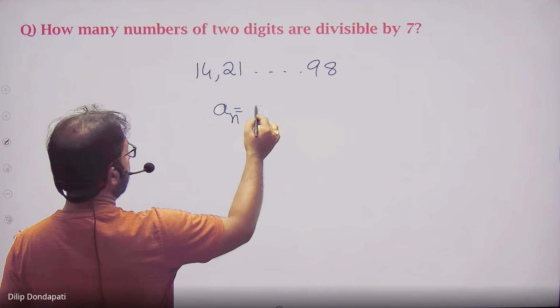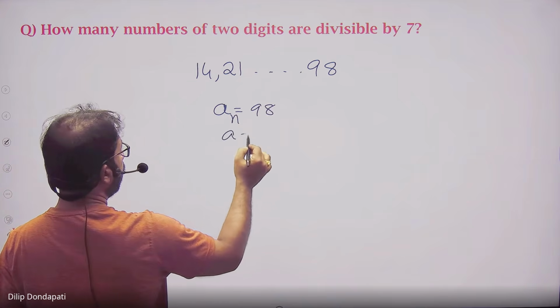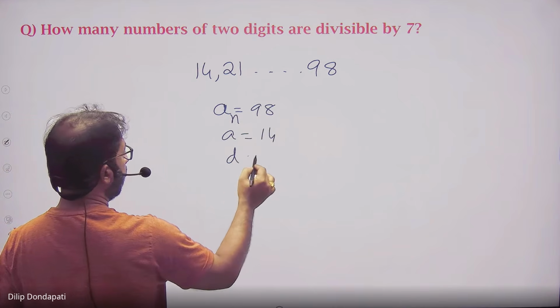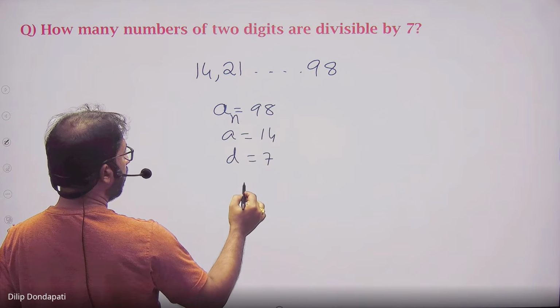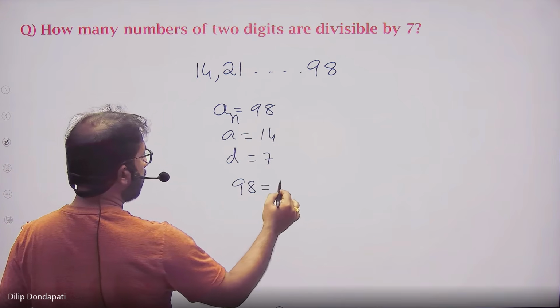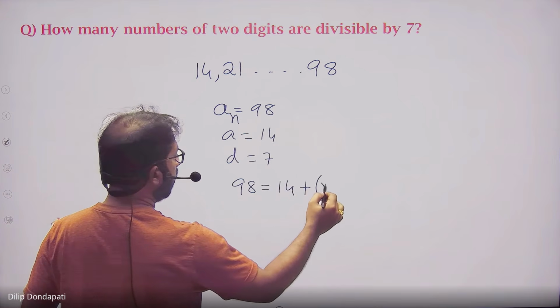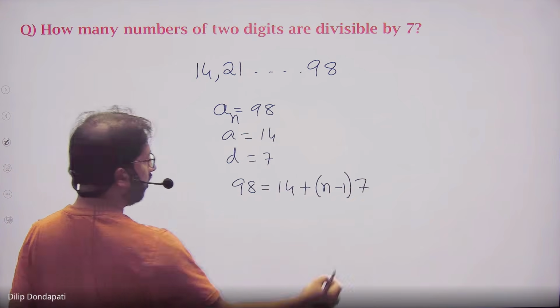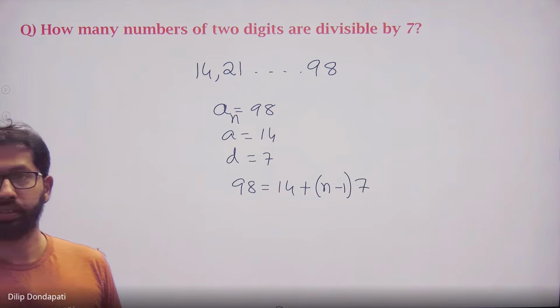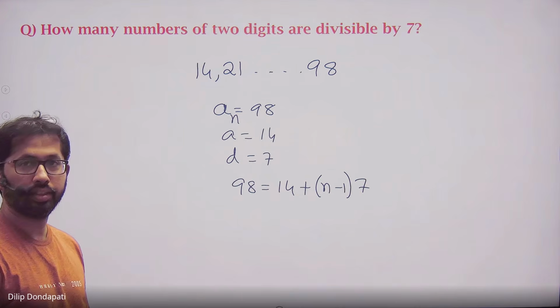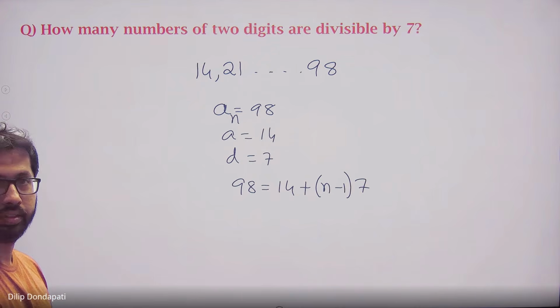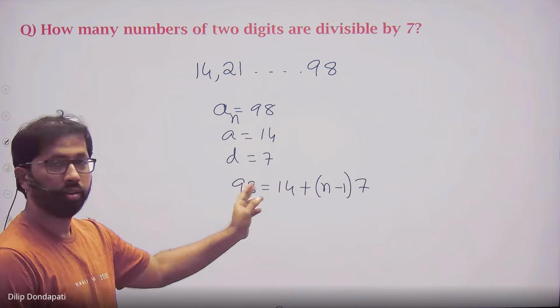an is 98, a is 14, d is 7. Use an is equal to a plus n minus 1 into d. Sir, even I got 13. Yeah, 13 is the answer. Subtract, divide, plus 1.